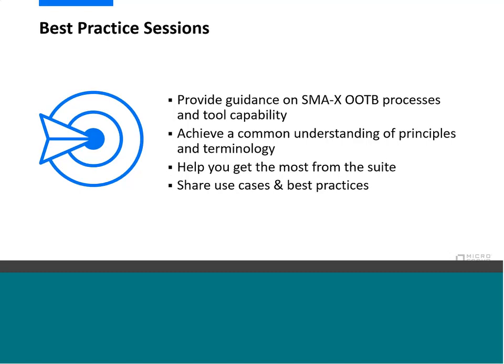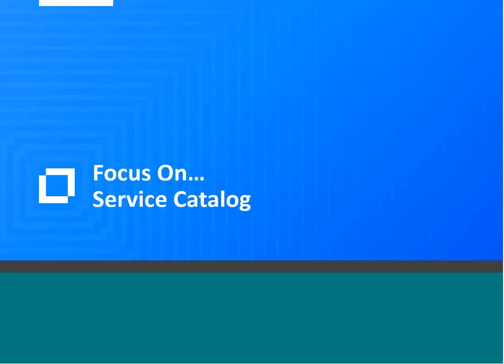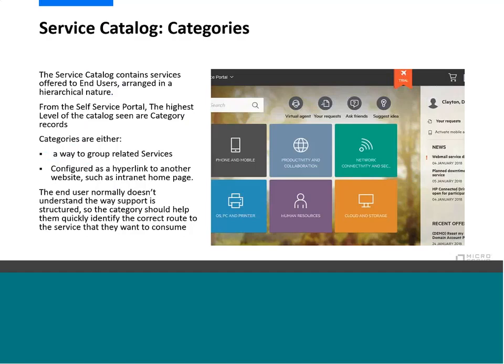Okay, so let's get down and talk about the Service Catalog. When we talk about the Service Catalog, I think a lot of people always think about that end user portal, and what an end user sees when they go to our self-service portal and want to start looking to either consume services or get support from the organisation.